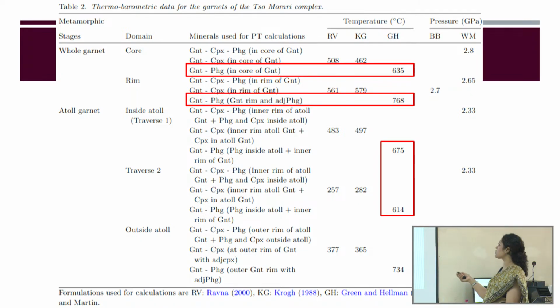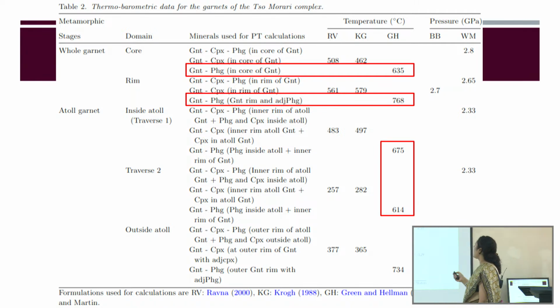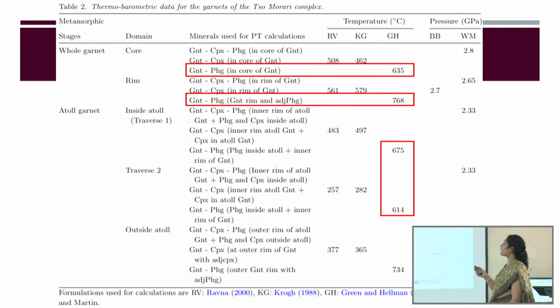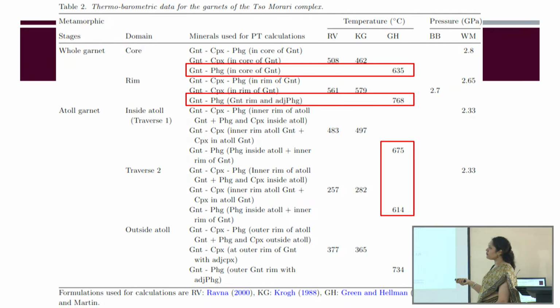So you're getting higher temperatures at the rims, which is nearly 800 degrees Celsius, and there was no pressure that was calculated here, so we didn't use a barometer here. When you looked at the atoll garnets, we realized that the temperature is in fact dropping.